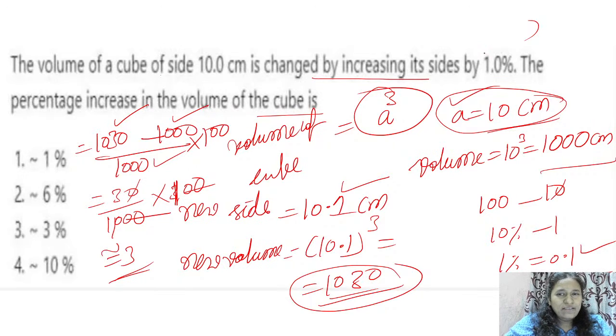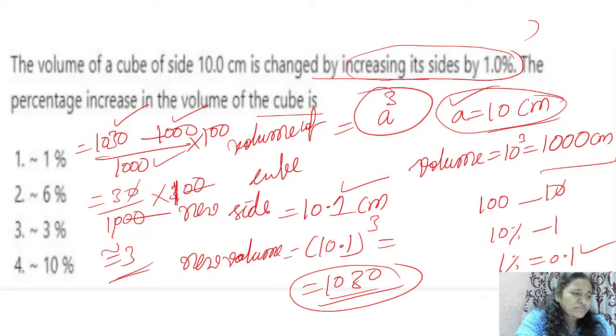Right? This is very logical. Actually, the first time we did it directly, we took 10 as the initial size of the side and the new increased size as 11.